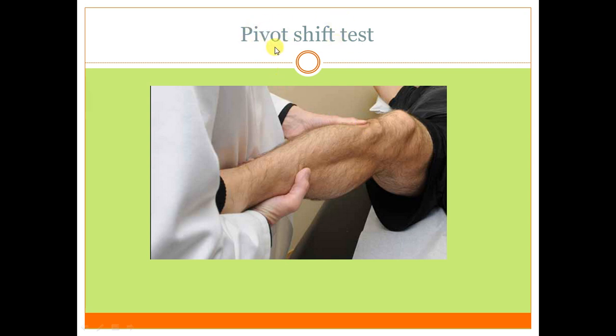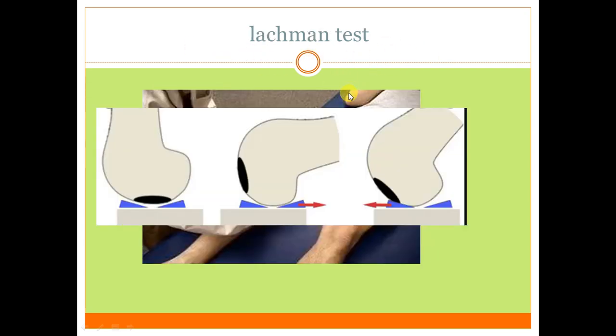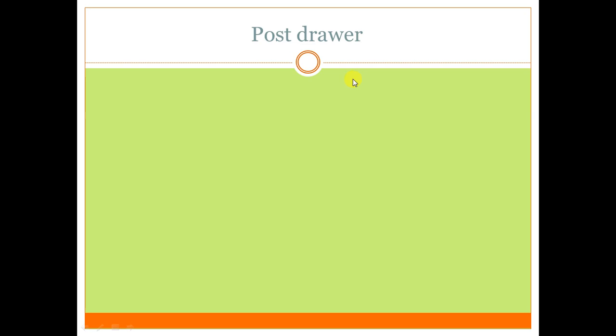This is the pivot shift test, and mostly it is done intraoperatively after anesthesia. Actually, the Lachman test is more accurate, and the translation combined with end point is one of the most important guides for deciding what to do for this patient.